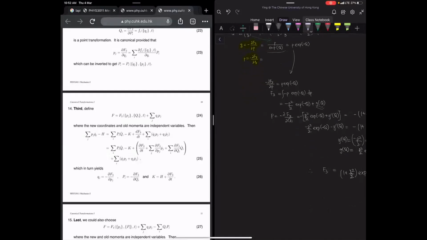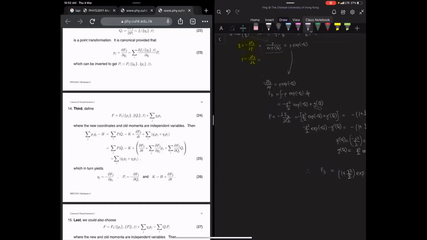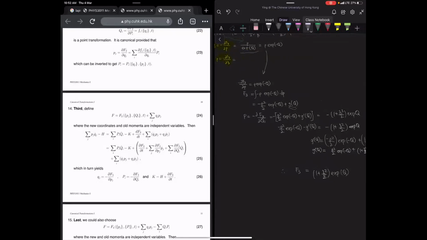So we now have the large F3, and we can find small p by equation 26, where large P equals ∂F3/∂qi times minus 1. We write it very simply, where now qi is equal to q, because we only have one pair of large PQ and small pq.